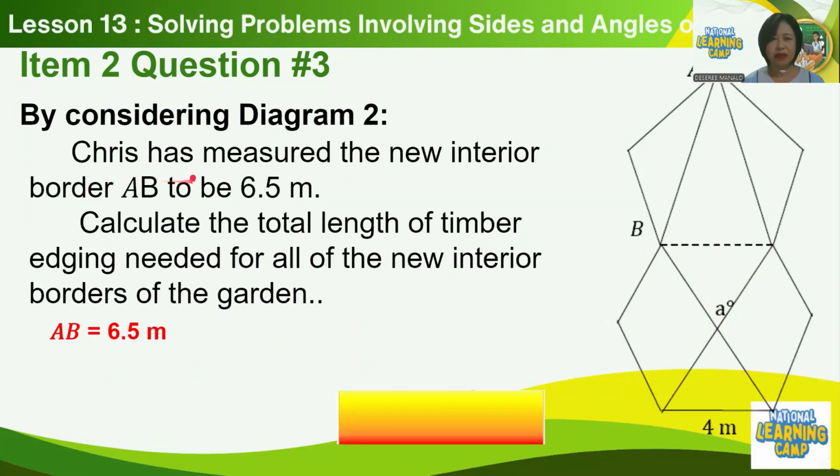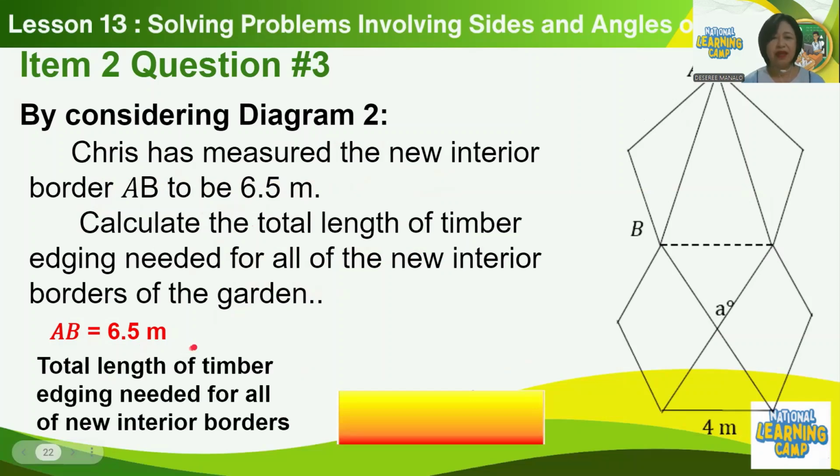Item 2, question number 3, considering again diagram 2. Christian has measured the new interior border AB to be 6.5 meters. Calculate the total length of the timber edging needed for all of the new interior borders of the garden. AB is equal to 6.5 meters. So what do we need?